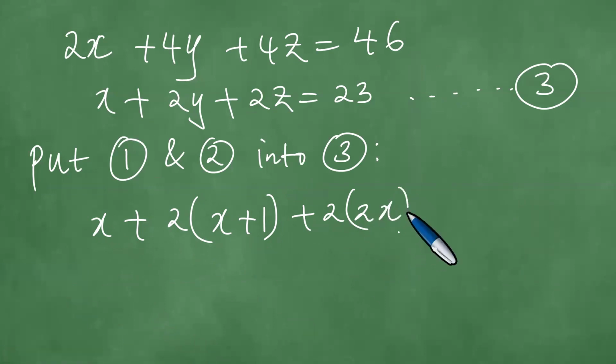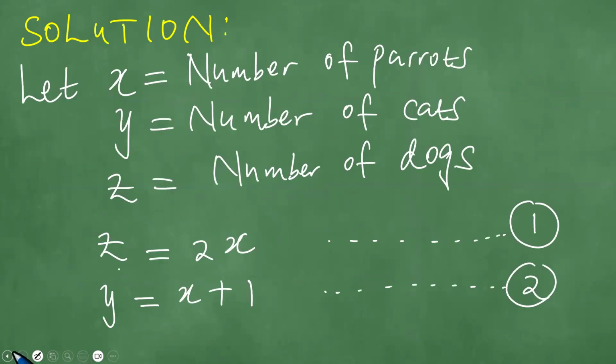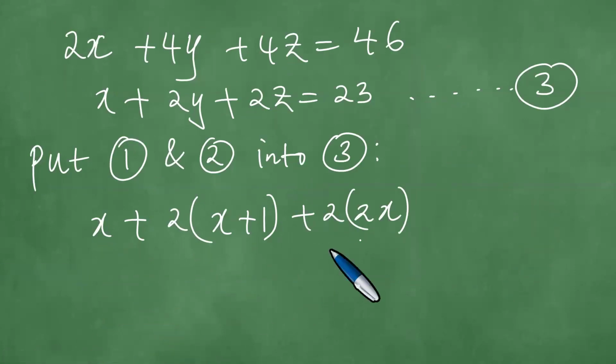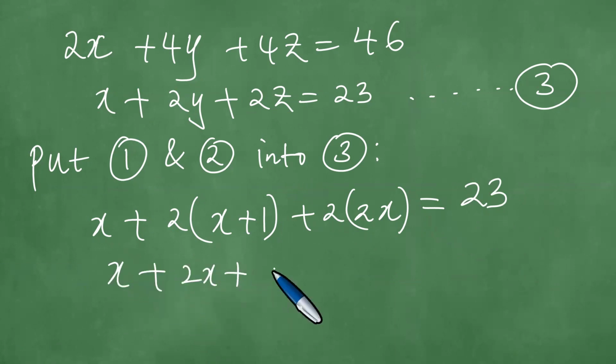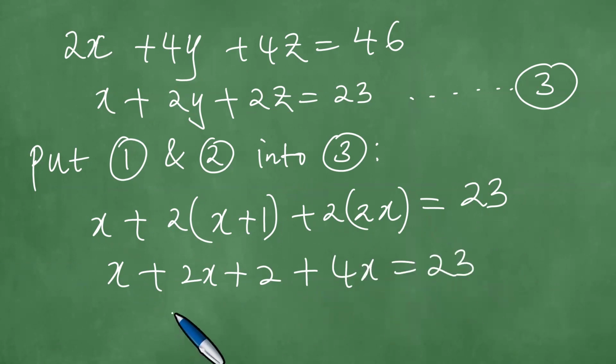Okay. Now, this is what we have here, because we know that z is twice x or double x, and the result is 23, which means therefore we have x plus twice x plus 2 plus 4x, and this is 23, right? So we therefore add all these here.